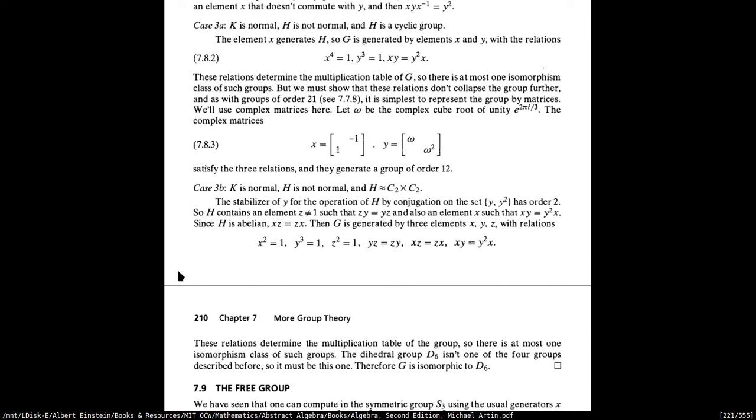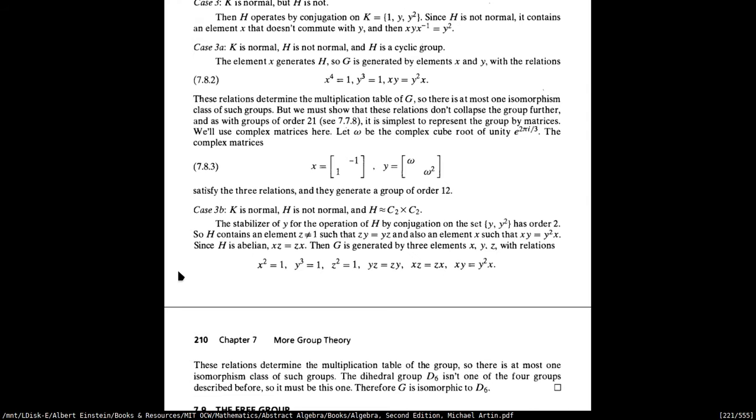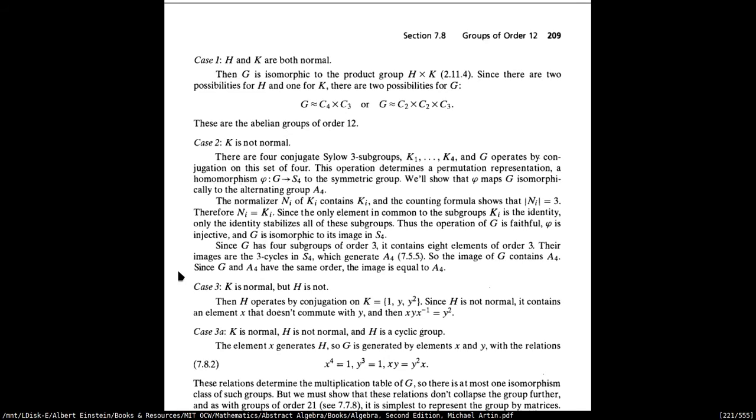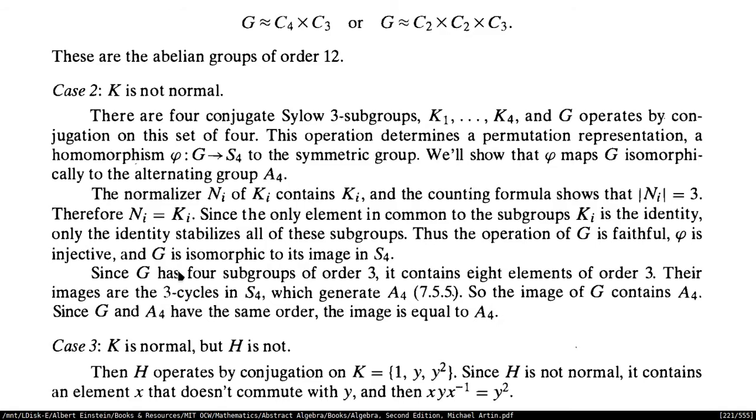So if K is not normal, then we know that there are 4 conjugate subgroups. If we intersect 2 of them, the intersection is either 1 or it's the whole thing. So if we get 4 distinct subgroups, this is the argument that was used in that other problem 5b on the homework set.